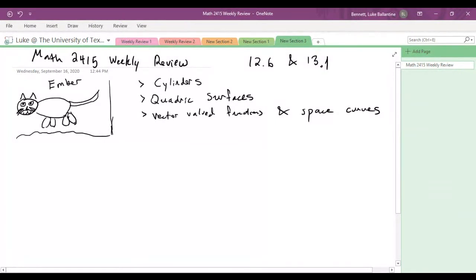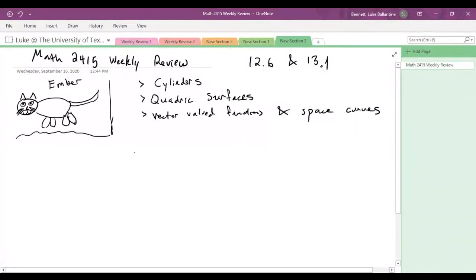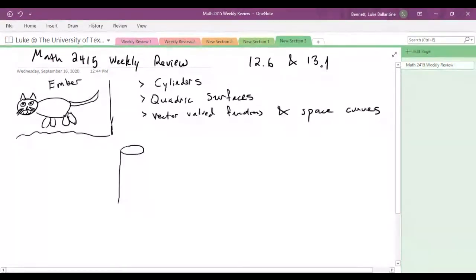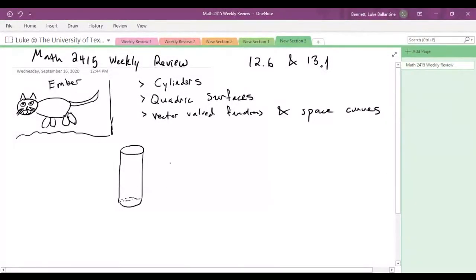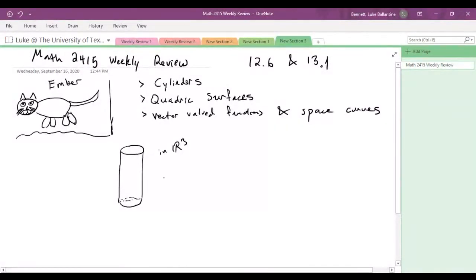so cylinders. We got the classic circular cylinder, and you can tell you have an equation of a cylinder if in R3 you're missing a variable.